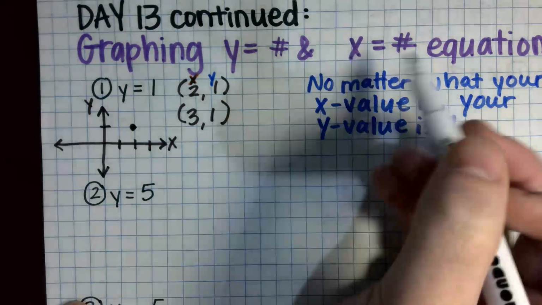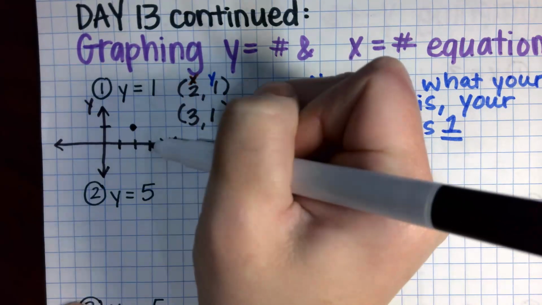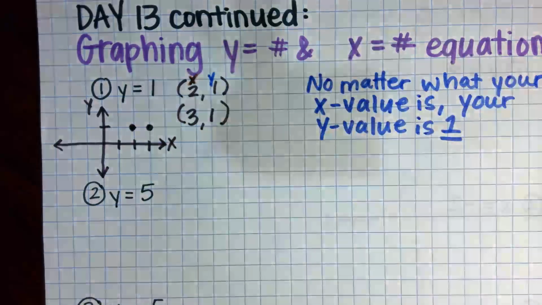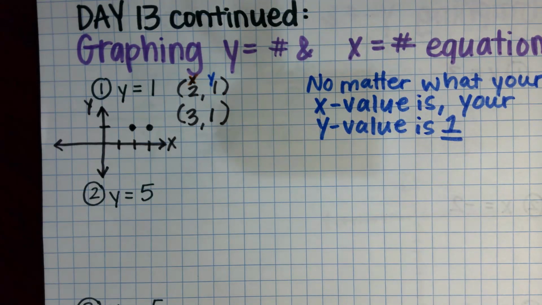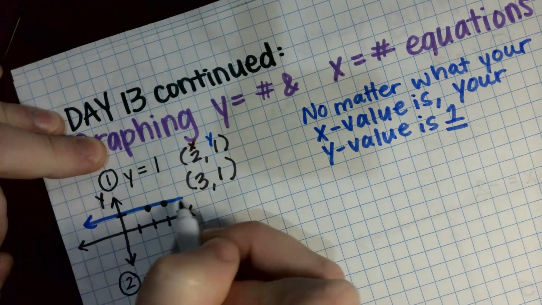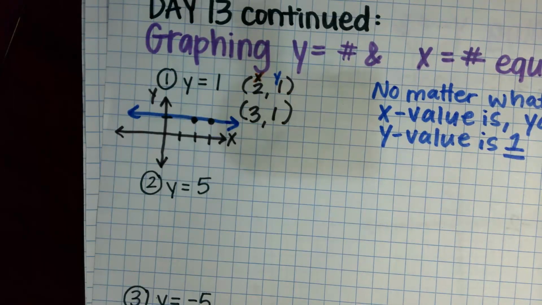Now let's do our second one. We're going to go in the X direction 3. 1, 2, 3. And we're going to go up 1. Okay. Now all we got to do is connect the dots. And what would you know? It's just a flat line.